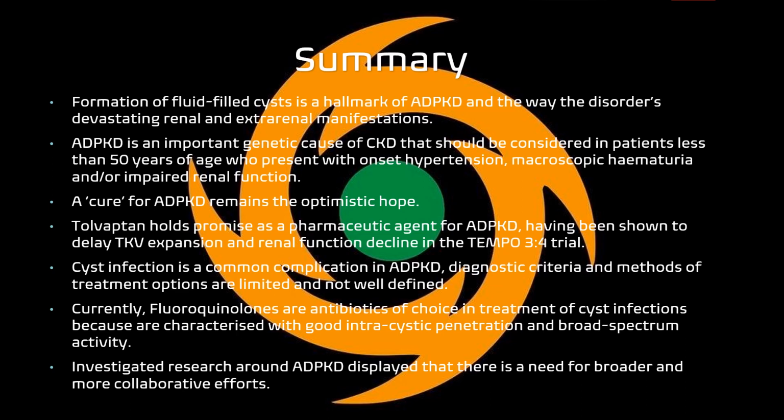ADPKD has an important genetic basis and cause surrounding CKD, and that should be considered in patients or recipients who are, for example, younger than 50 years of age, who present with onset hypertension and macroscopic hematuria and or impaired renal function.